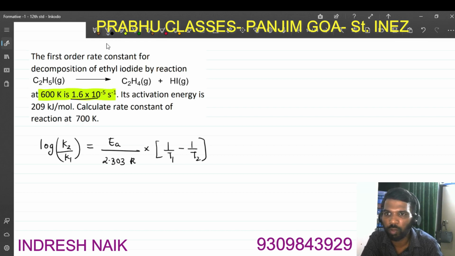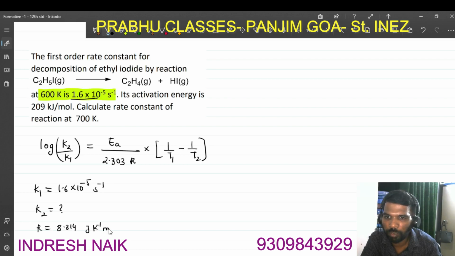So we have the value of K1, which is equal to 1.6 into 10 raised to minus 5 per second. K2 is what we need to find, right? And R value we'll take as 8.314 joules per Kelvin per mole.